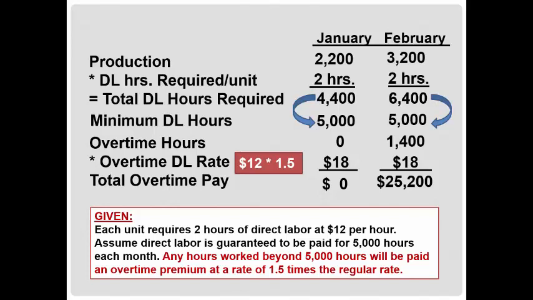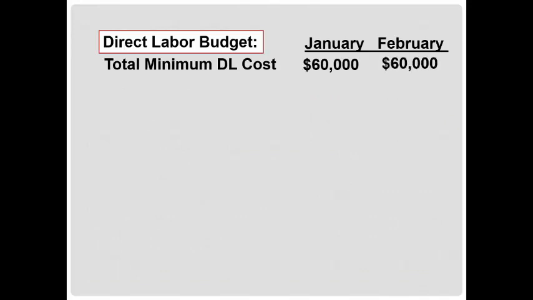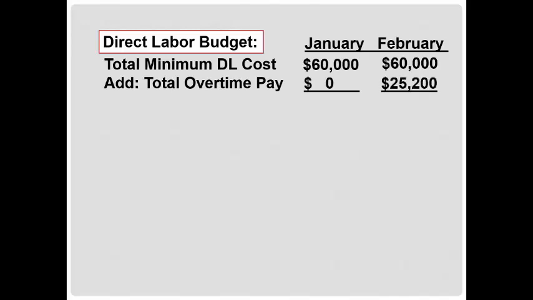Now we can figure out the total pay, now that we know what is our minimum and what overtime pay will be paid in each of the 2 months. So for January and February, we'll take our minimum cost of $60,000. We'll add to that our overtime pay, which is 0 in January and $25,200 in February.